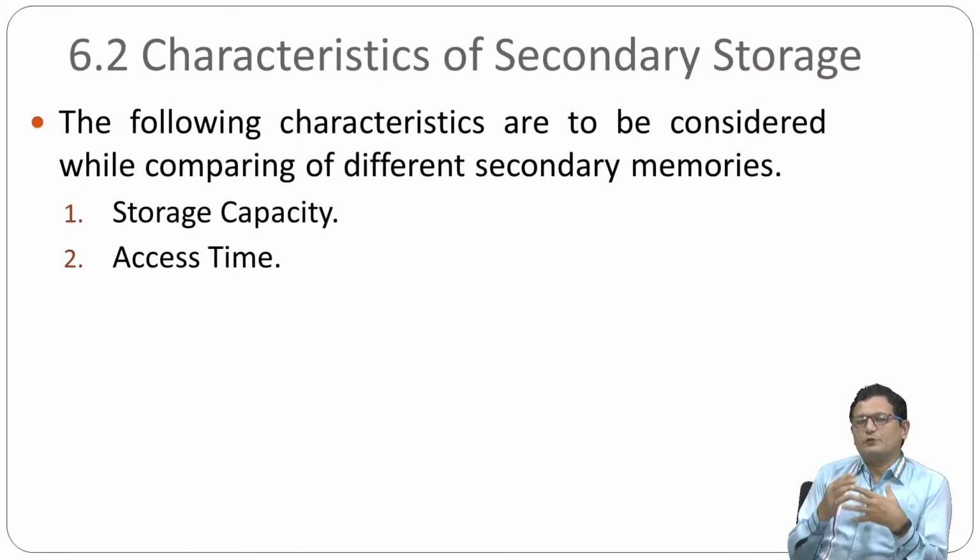Obviously those memories which take a higher time are slow memories, right? So when we are buying any kind of memory from the market, we just need to check the access time. Those memories whose access time is lower or smaller are faster memories, right?